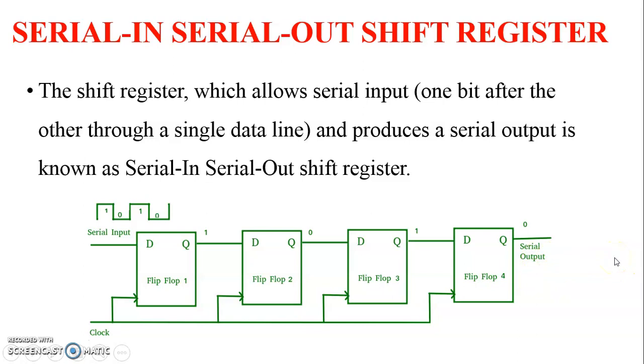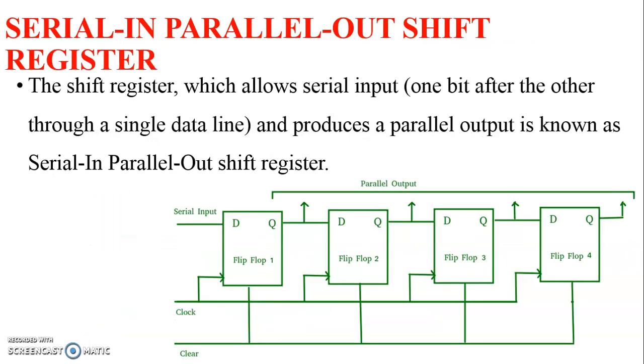So this is called a SISO register. Next is the serial in parallel out shift register. In this shift register, it allows the serial input and produces the parallel output. So this is called SIPO register.